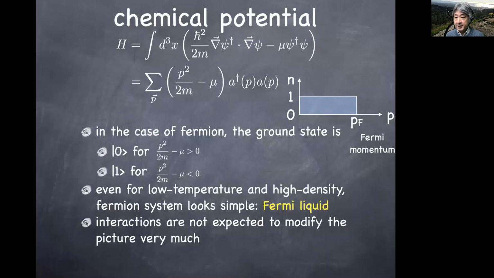So in condensed matter systems, not just, say, 100 electrons in multi-electron atoms, you will be talking about Avogadro's number of electrons, 6 times 10 to the 23 electrons.